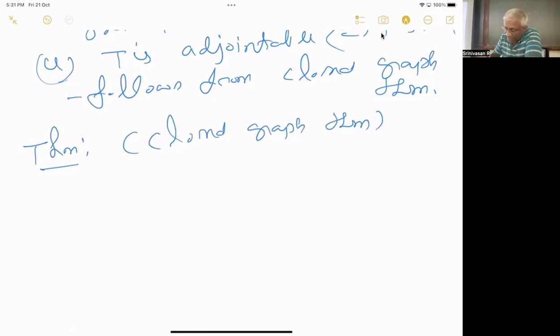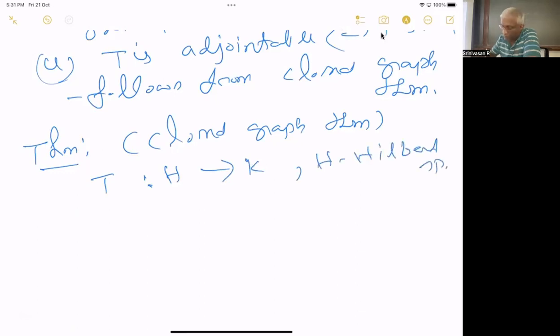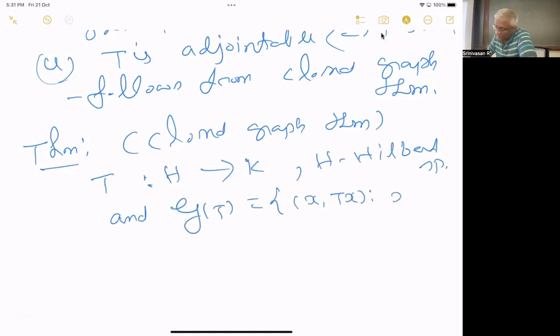So you can define the graph of T. Let T be from H to K, defined on the whole of H, where H is a Hilbert space. And you define the graph of T equal to all those pairs (x, Tx), where x is in H.